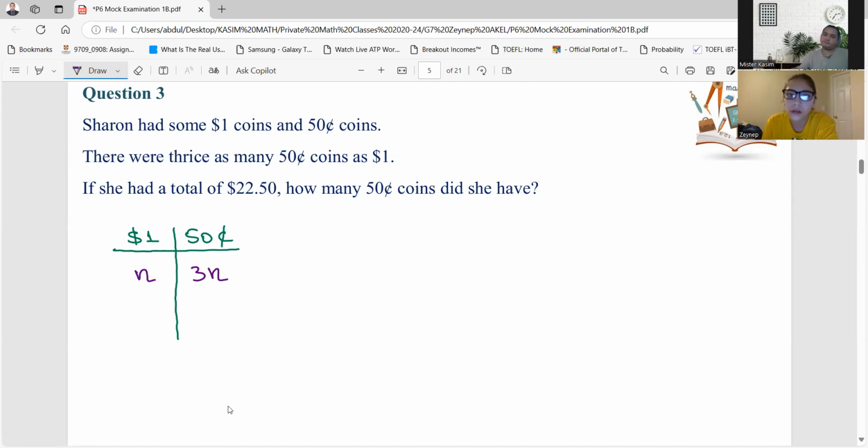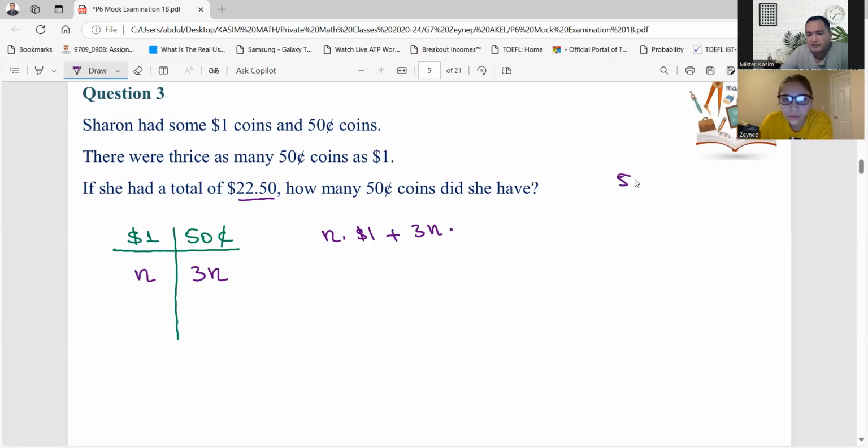Why 1? Because it just says 50 cents. So that means, how many 50-cent coins did she have? Oh, the total, right? Now you need to form an equation. This one is $22.50. So I have n $1 notes, right? And plus 3n 50-cent coins.